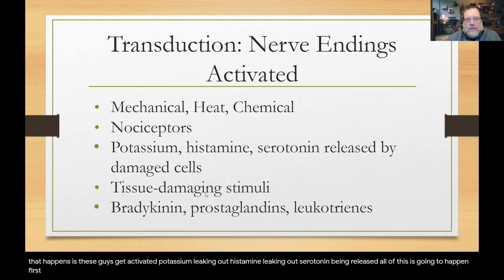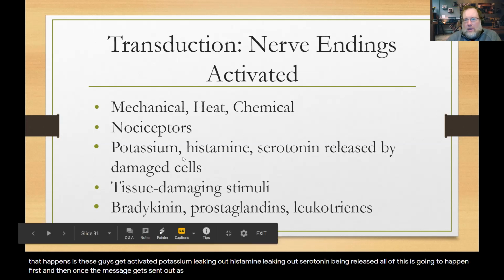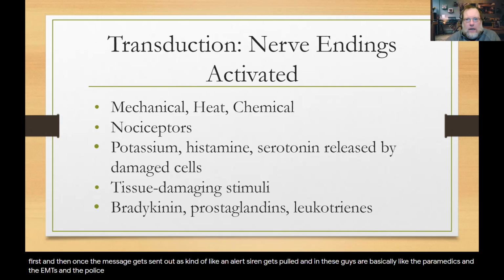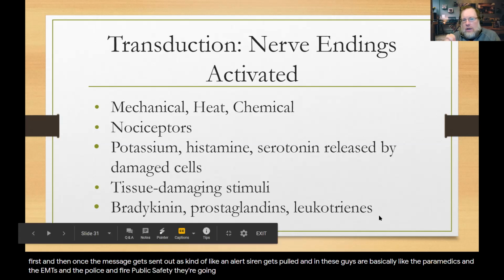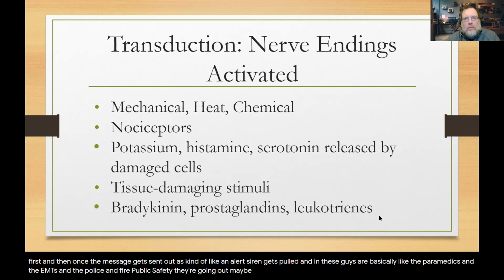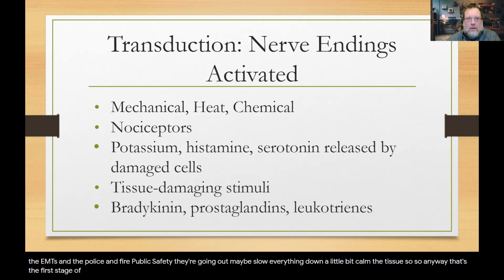And then once the message gets sent out, it's kind of like an alert siren gets pulled. And then these guys are basically like the paramedics and the EMTs and the police and fire, public safety. They're going to show up and try to put the fire out, maybe slow everything down a little bit, calm the tissue. So anyway, that's the first stage of pain.